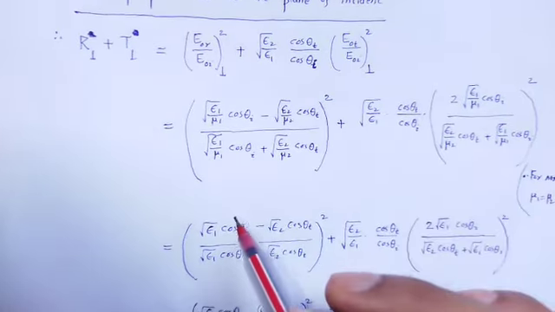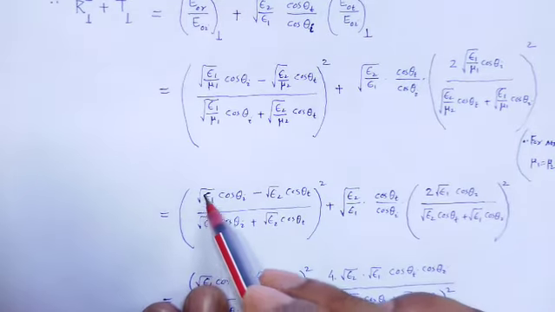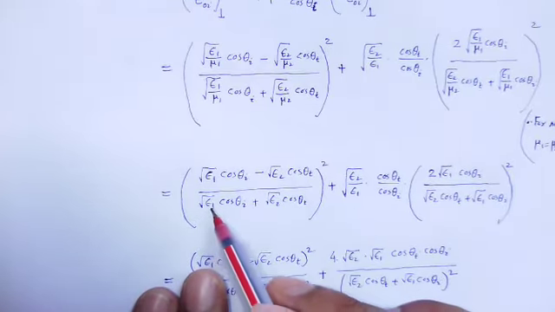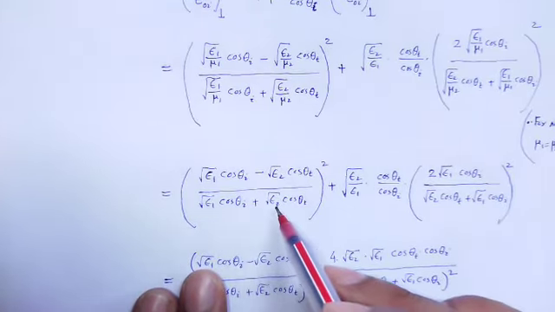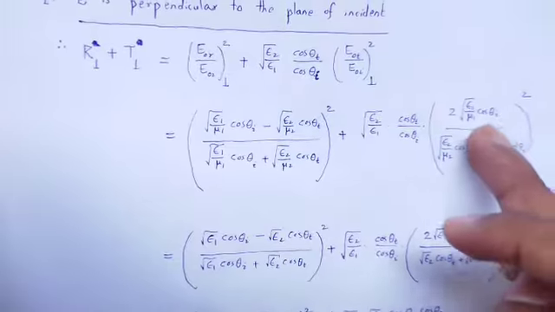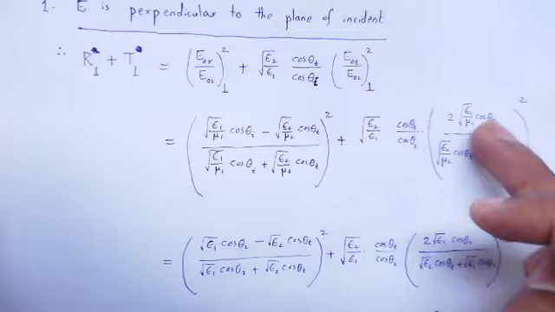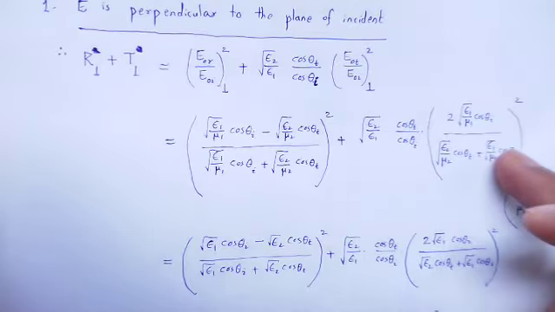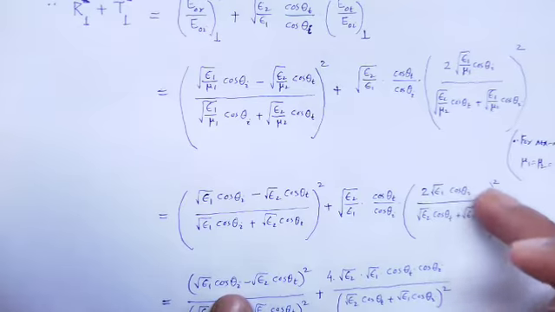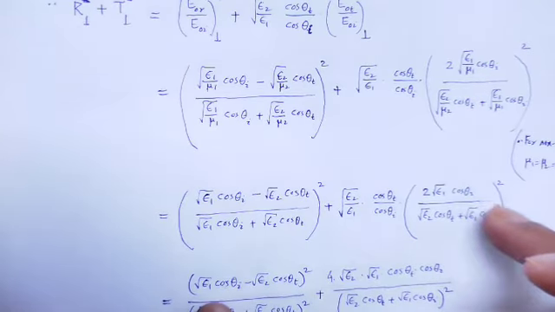So the simplified equation is now written as square root of epsilon 1 cos theta i minus square root of epsilon 2 cos theta t, divided by square root of epsilon 1 cos theta i plus square root of epsilon 2 cos theta t, whole squared, plus the usual term. Similarly here, mu naught cancels out in the numerator side, that is the existing equation.